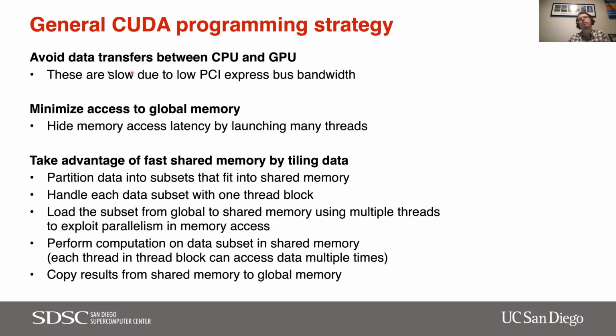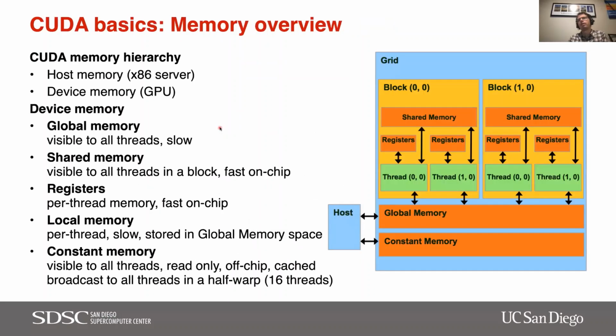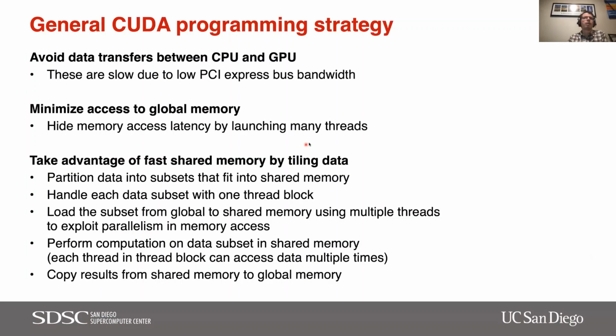When you program, you want to avoid data transfers between the CPU and the GPU because the PCI Express bus is slow. You can hide memory access latency, meaning getting data from global memory, by launching many threads. And you can take advantage of fast shared memory by tiling data.